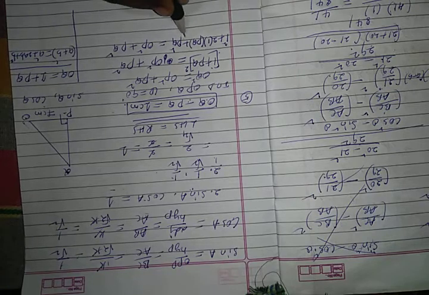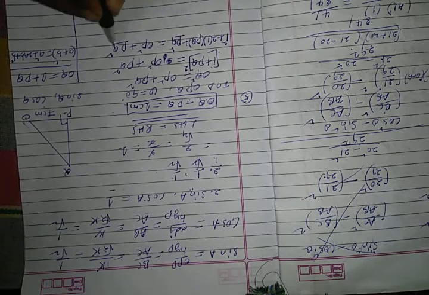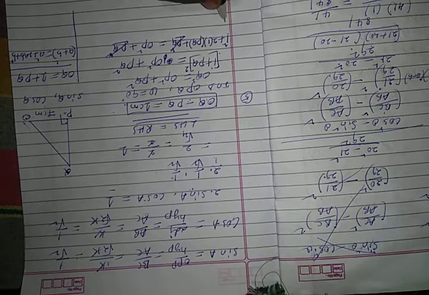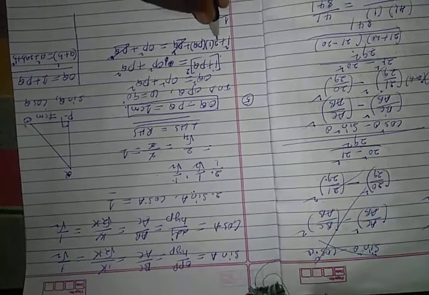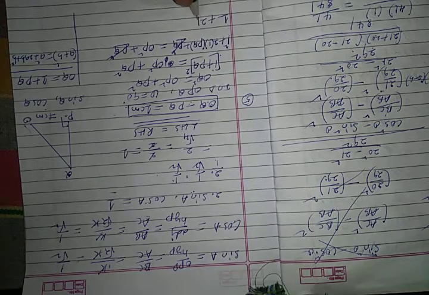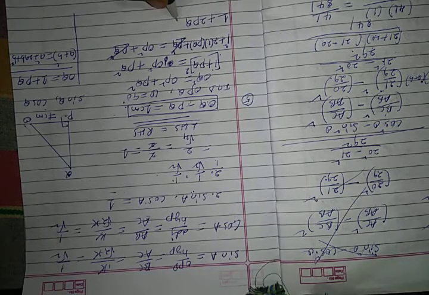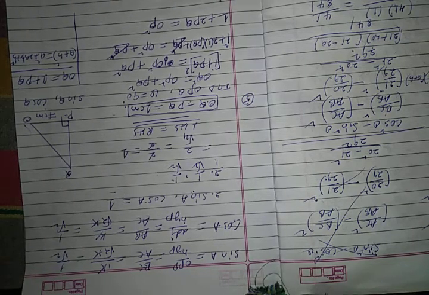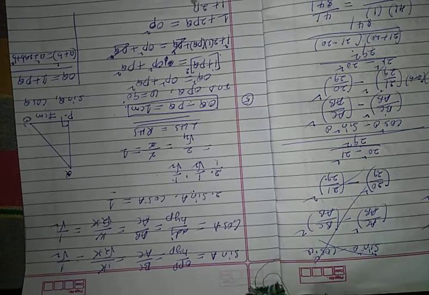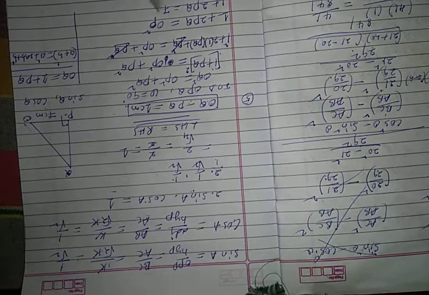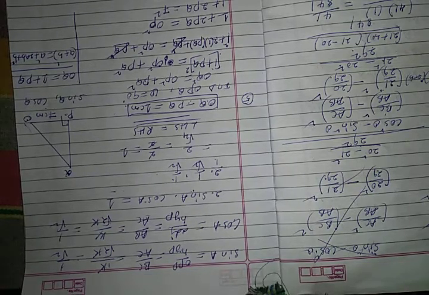See, left PQ square and right PQ square have the same sign, then get cancelled. Then 1 square is 1, 2 into 1 into PQ is 2PQ is equal to OP square. Then 1 plus 2PQ is equal to 7 square.